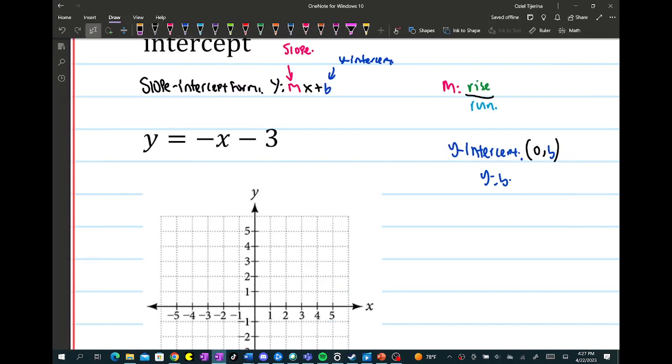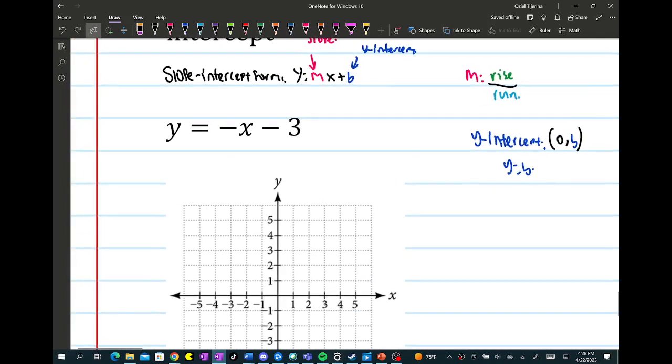So using all of this information, we can rewrite this equation as y equals negative 1 x plus negative 3.